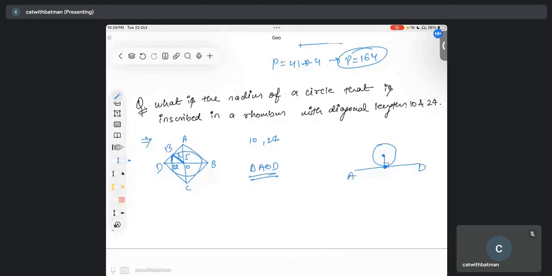So in triangle AOD again, the area is half, base is AD, that is 13, height is radius, that is R, equals half. Again, in this triangle, base will be OD, that is 12, and height is AO, that is 5. So now R is 60 by 13.